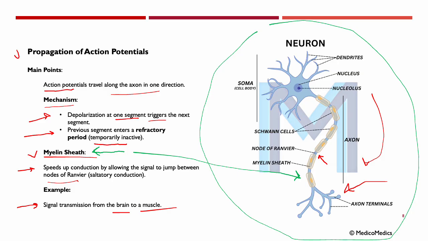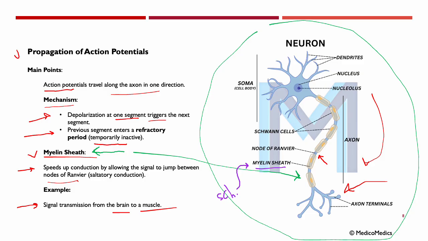It is produced by Schwann cells in the peripheral nervous system, and by oligodendrocytes in the central nervous system. What is typically high yield is to remember Schwann cells. These are what gives rise to the myelin sheath.